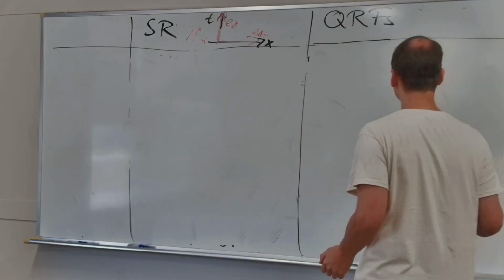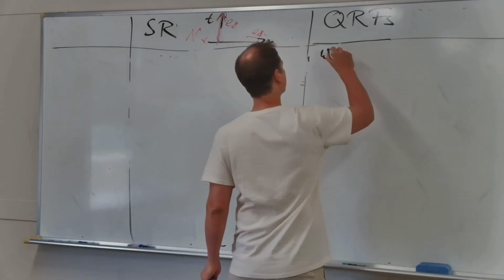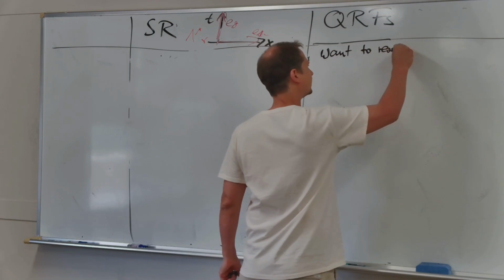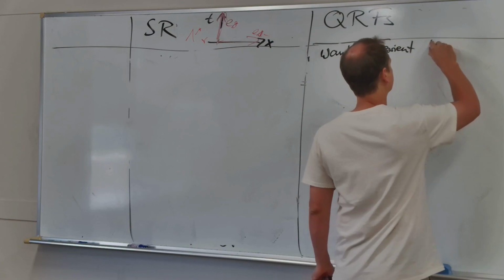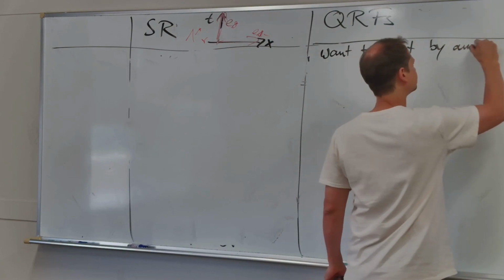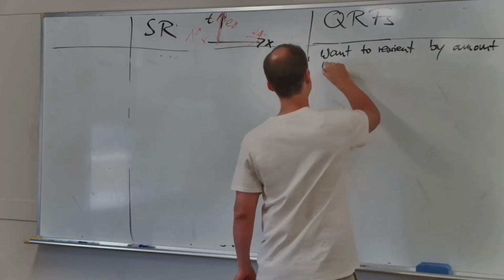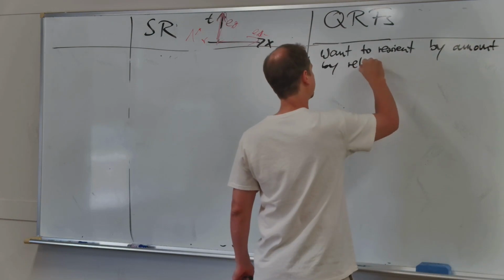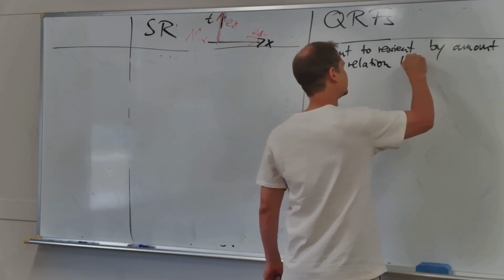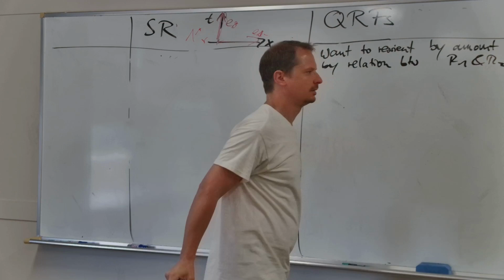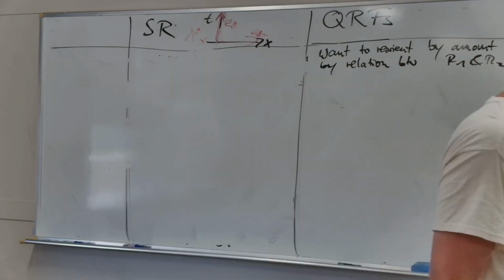So we want to reorient by amounts given by the relation between R1 and R2.